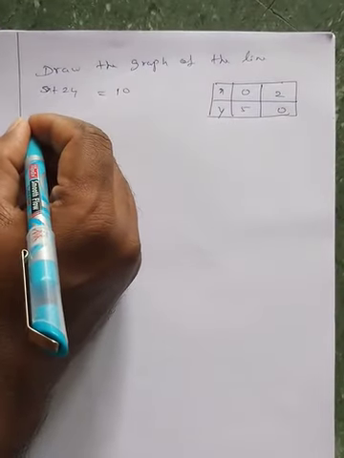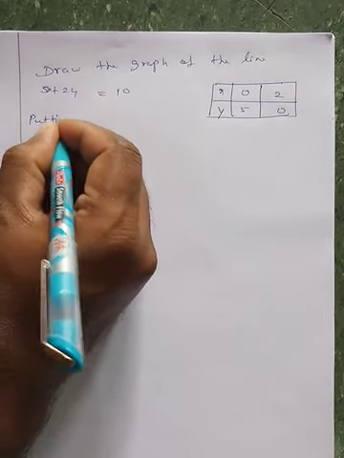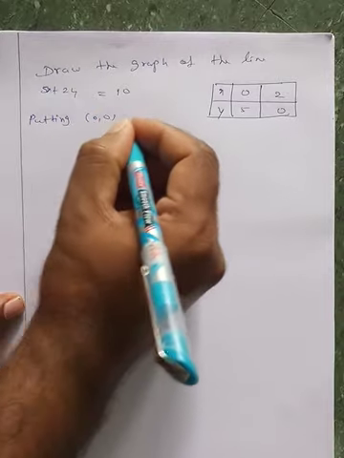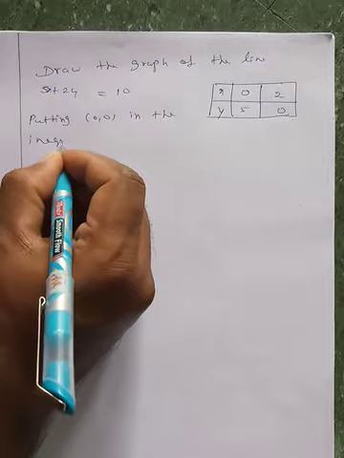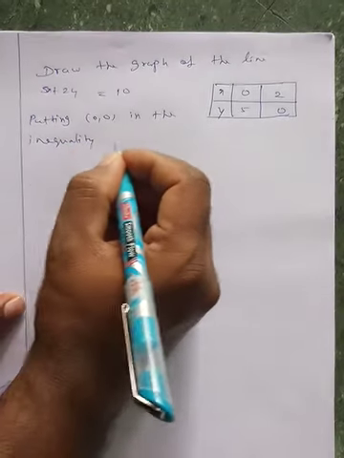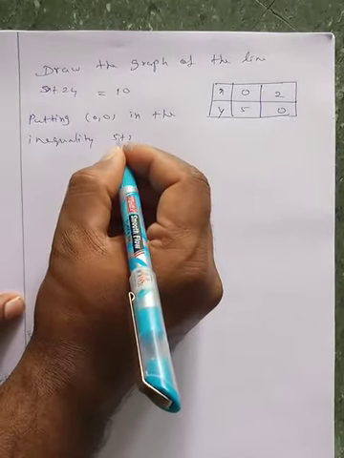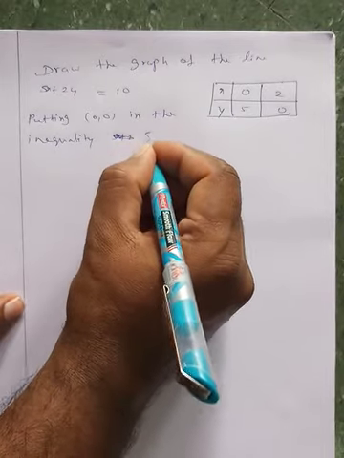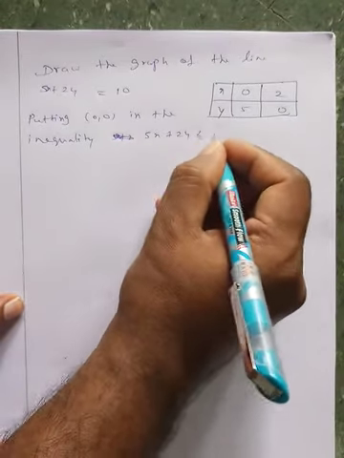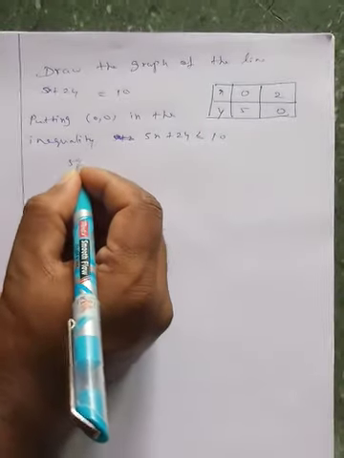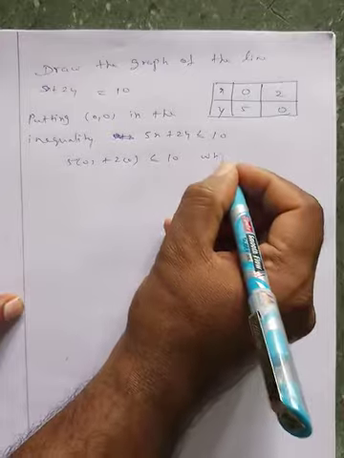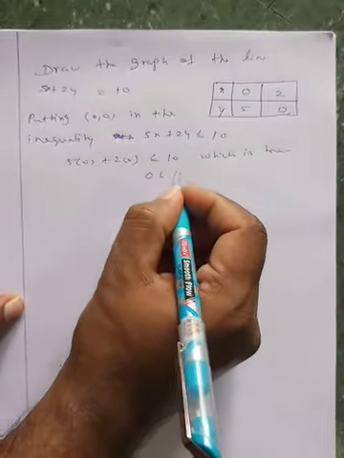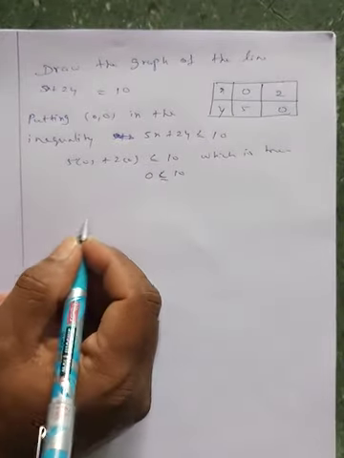Now, putting 0, 0 in the inequality 5x plus 2y less than or equal to 10, so 5 into 0 plus 2 into 0 less than or equal to 10, which is true.